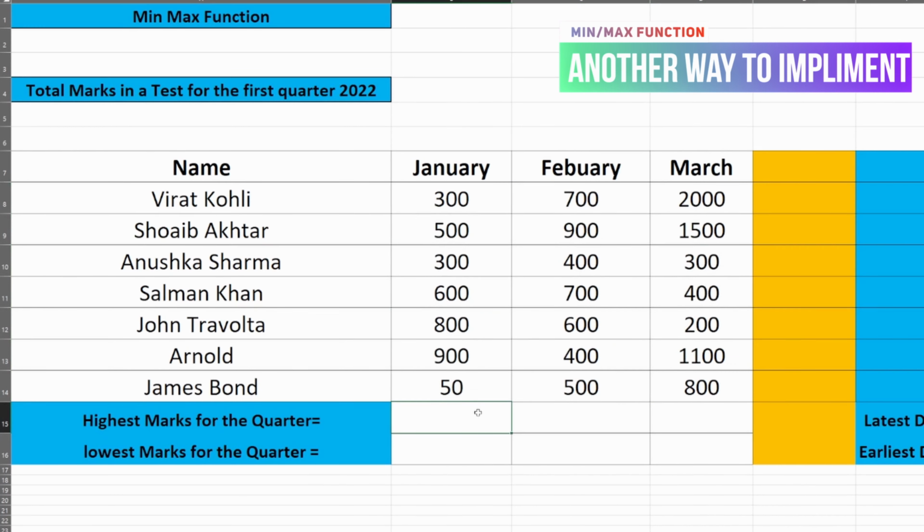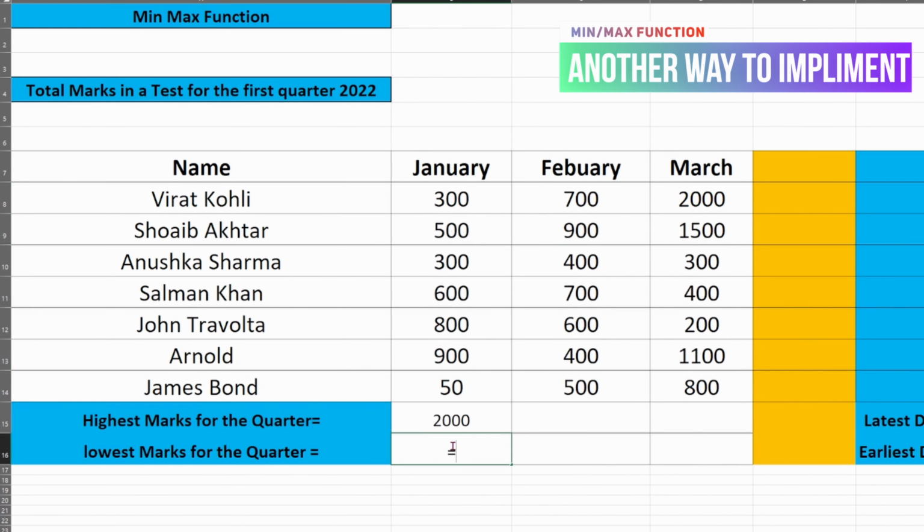We click the cell and write equals MAX, bracket start, select all the values, then comma, select these values, comma, select these values, left click and drag. Then close the bracket, press enter, and it gives us 2000, which is the highest value from amongst all these values.